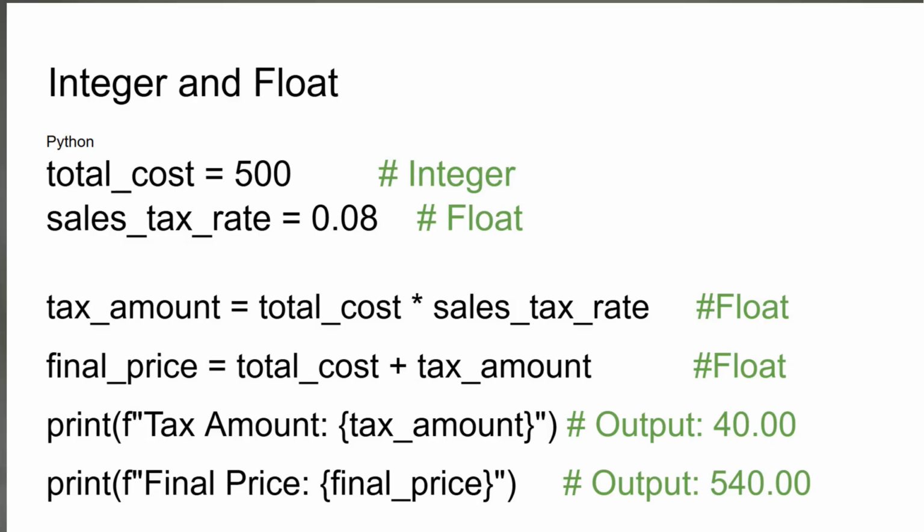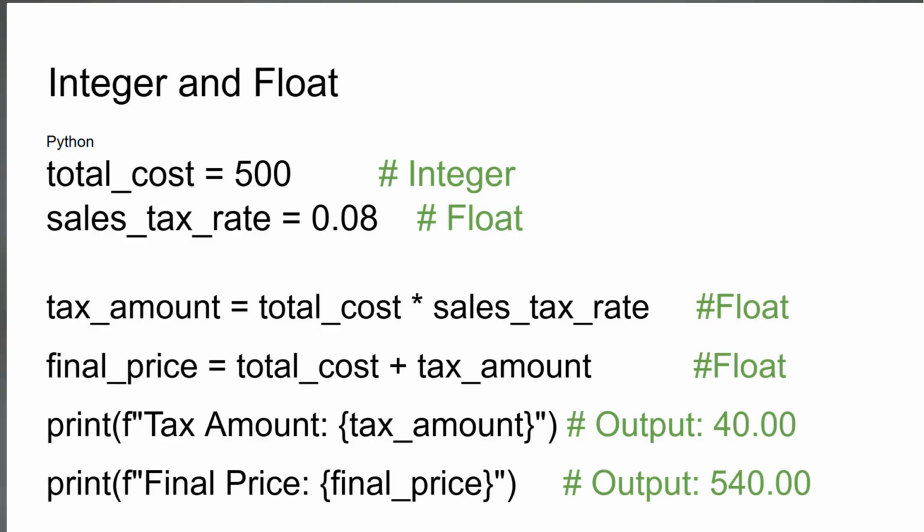And then when you go to use that, you have to understand that things are a little different in that the integer gets converted to a floating point number when you start doing math. So if you take tax amount equals total cost times sales tax rate, the final price is going to equal the total cost plus the tax amount you just created.